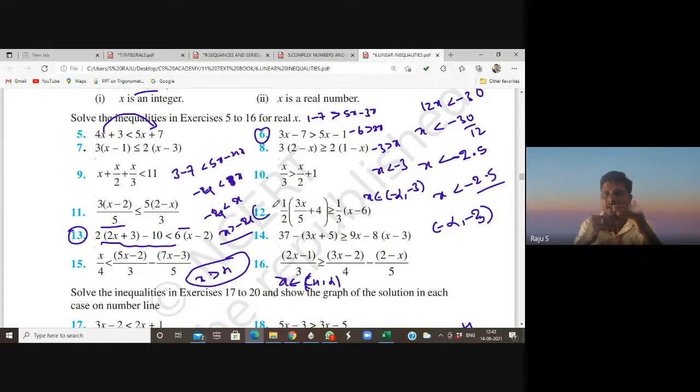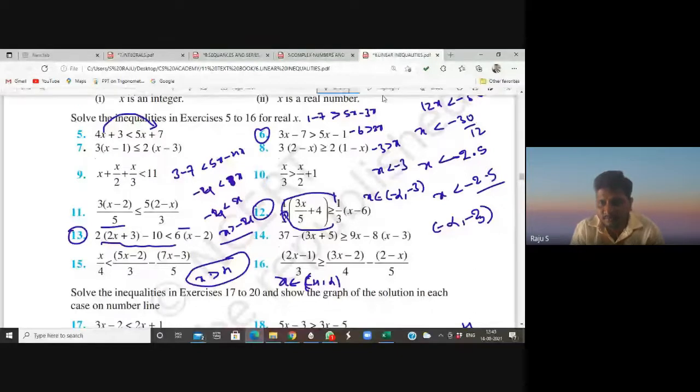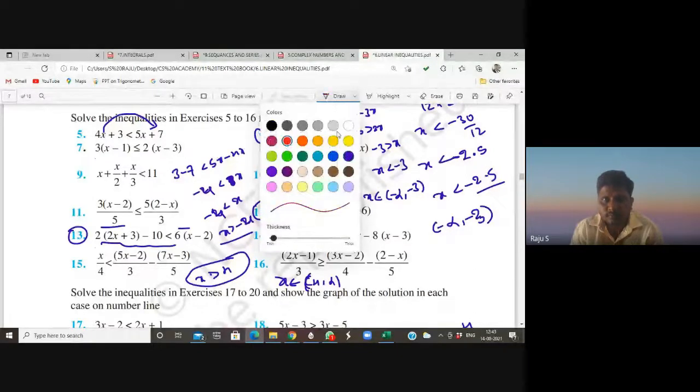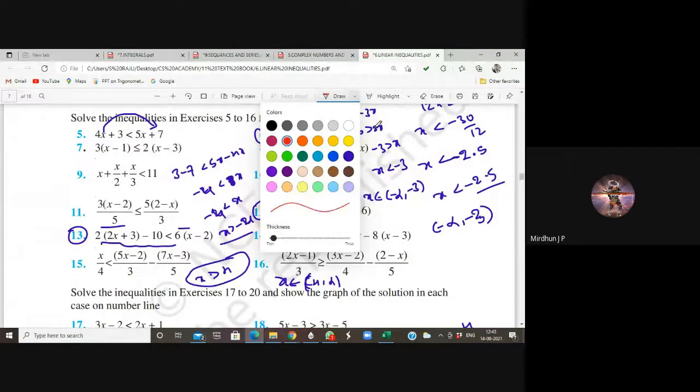Right, the question number 12, answer. This 2 you can cross multiply, 3 you can cross multiply. Take LCM, like that you can do. To remove that.